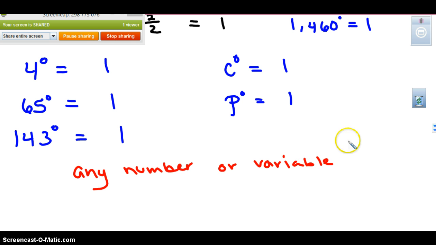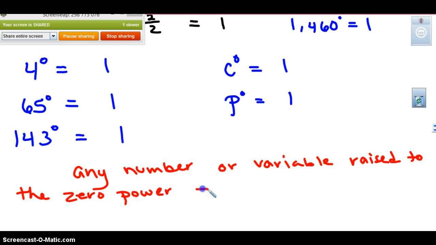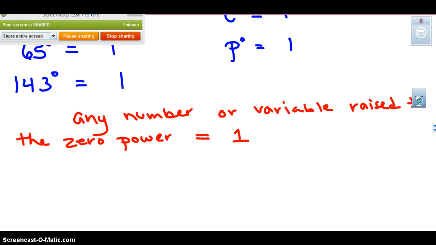So any number or variable raised to the 0 power equals what? Equals 1. Regardless of the number? Regardless of the variable? Yes. So that's the first rule.